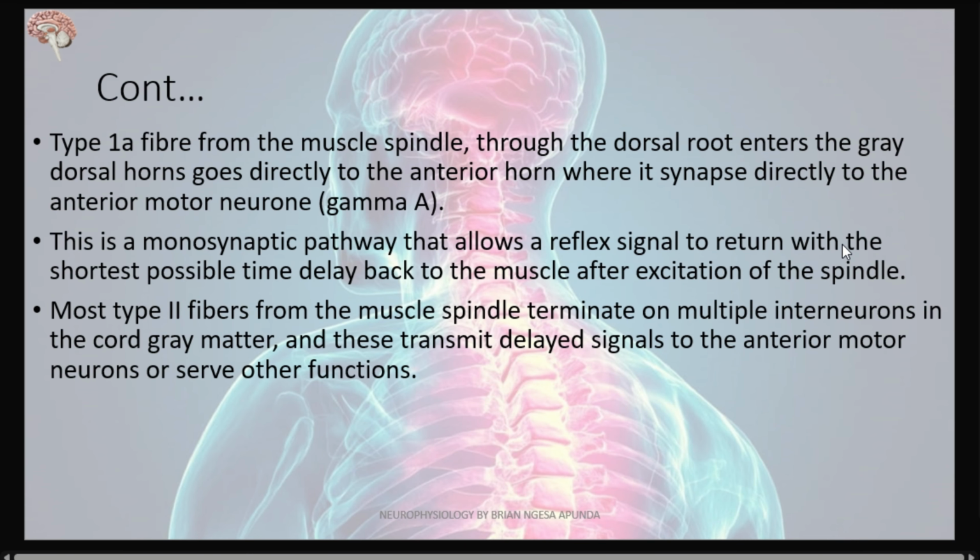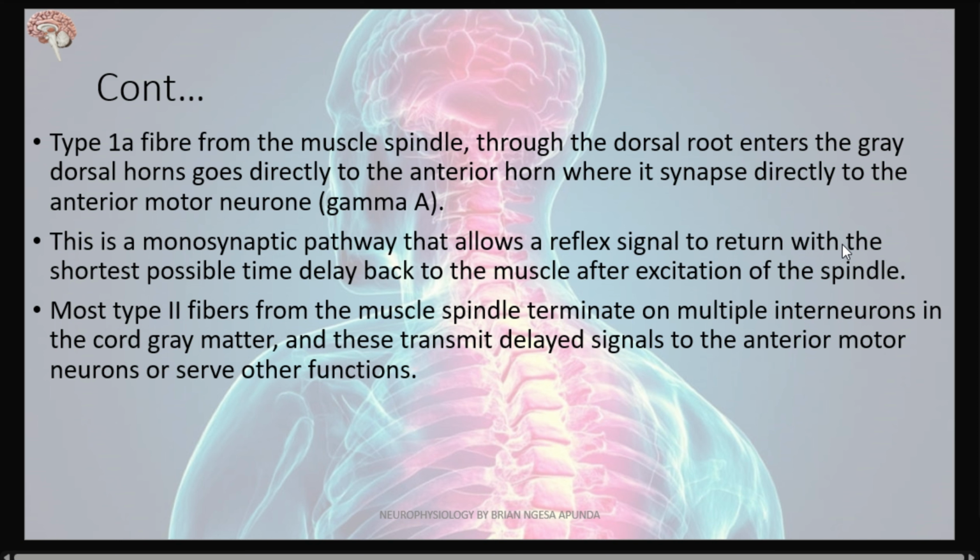So an explanation of the muscle stretch reflex. We have the type 1A fiber from the muscle spindle through the dorsal root, entering the gray horn directly to the anterior horn, where it synapses directly on the anterior motor neuron, gamma A. And remember the kind of response that you're likely to get.